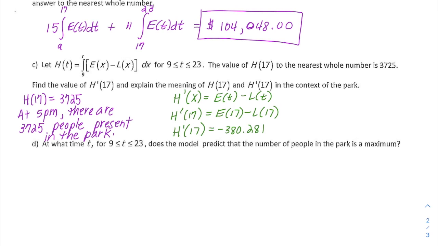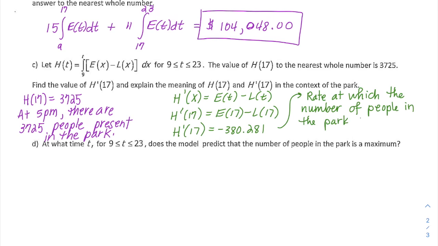What this is referring to is the rate at which the number of people in the park is decreasing, because it's negative, when time equals 17 or 5 p.m.